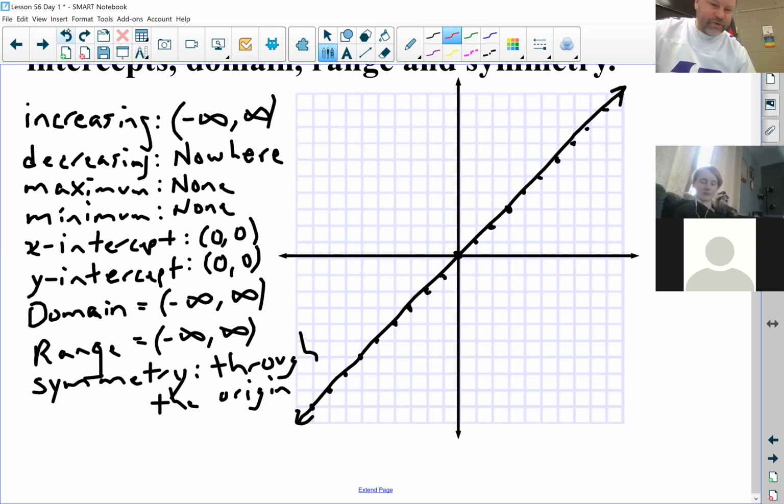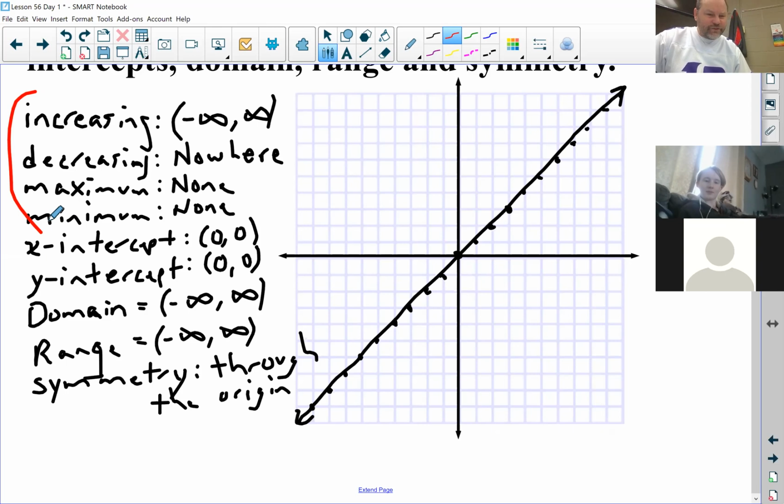So that's the linear function. Again, I think I can be pretty confident that you can graph linear functions. The great thing is with a linear function, the increasing, decreasing, minimum and maximum is going to be true for all linear functions.